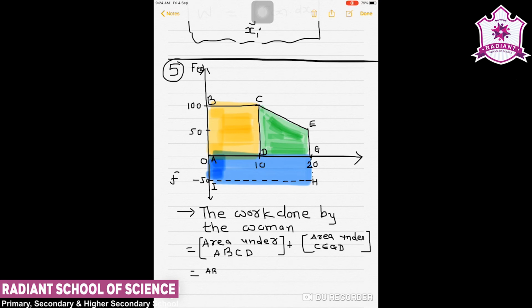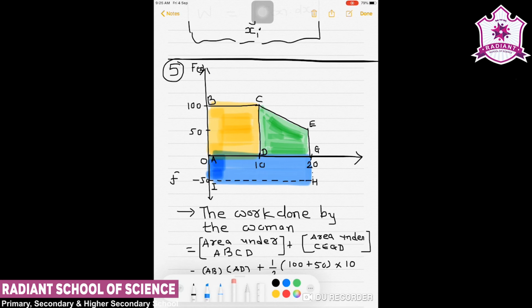Then for the trapezium it equals 1 by 2, and as per the rule, the constant on the CD side is 100, then EG is 50, so the total is 150 into the displacement DG, which is 10.